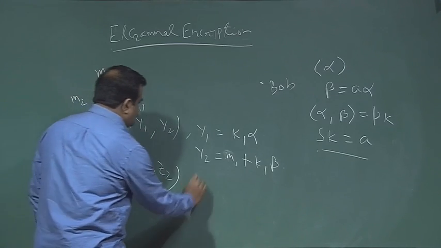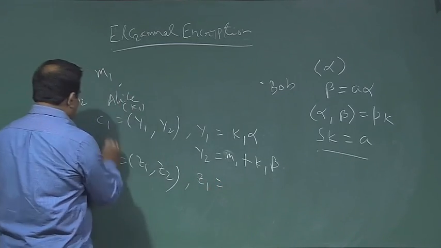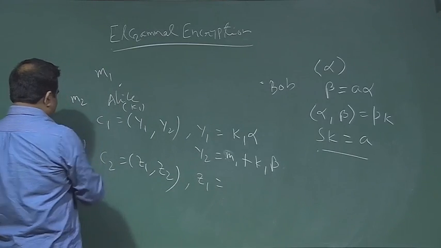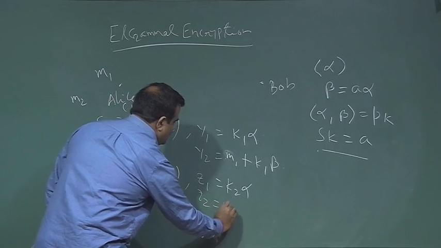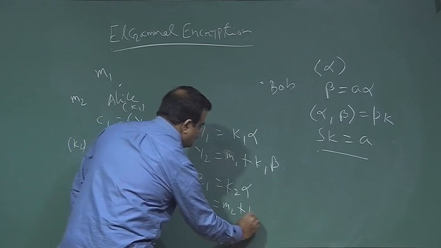So for C2, Z1 is basically K2 alpha, where we need to choose a random number K2, and Z2 is basically M2 plus K2 beta.